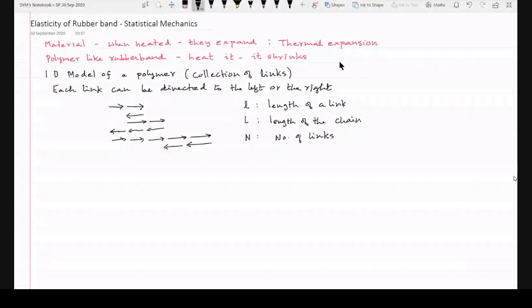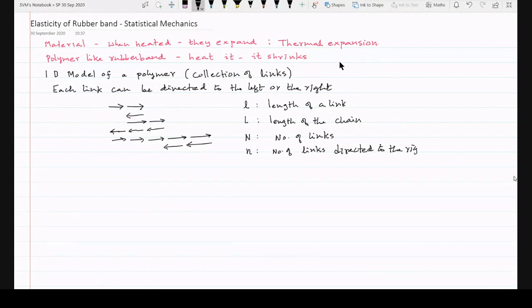Let us define small n as the number of links directed to the right. Then obviously capital N minus small n will be the number of links directed to the left.